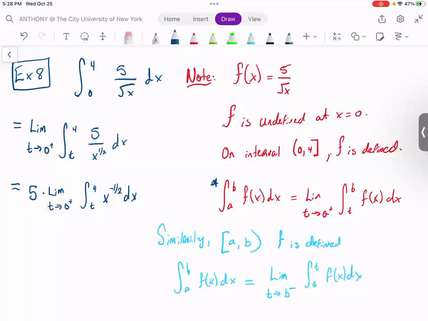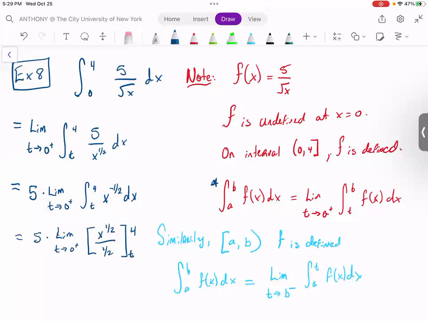All right. Let's try to find the antiderivative there. The antiderivative of x to the negative 1/2 is x to the 1/2 over 1/2, from t to 4. Now, instead of dividing by the 1/2, we multiply by the reciprocal.